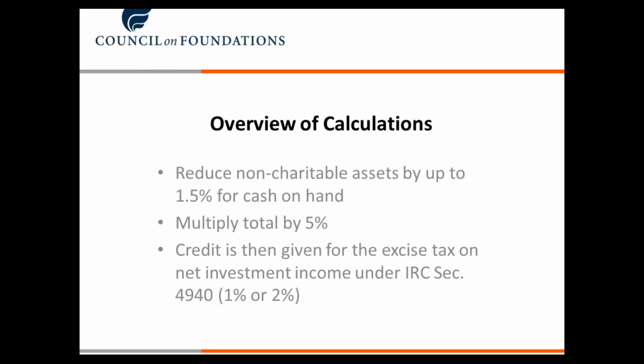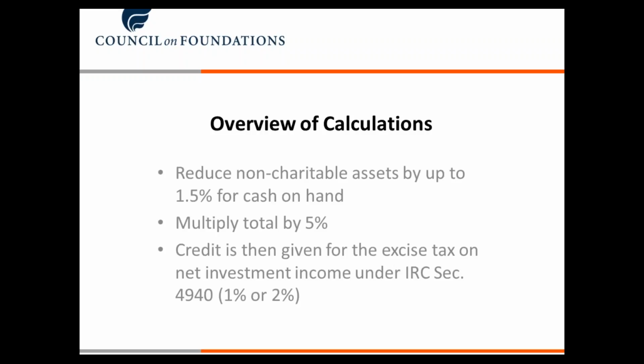You do need to keep a little bit of those assets available for operations or other needs. So they allow you to deduct right off the top 1.5% for cash on hand. Then you take that remaining amount and multiply it by 5%. So that's why we often refer to this as the 5% payout.